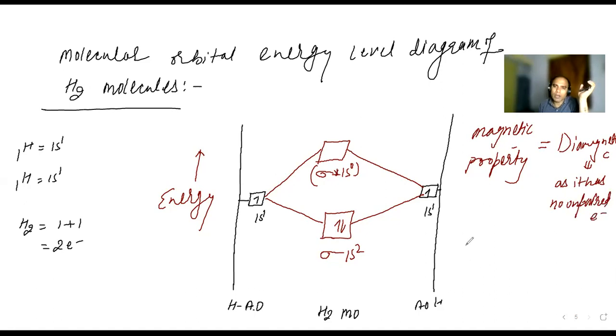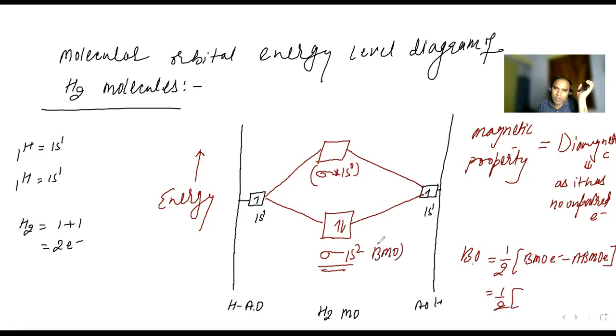Now bond order: how many bonds will be there in the H2 molecule? Here they are saying 1 by 2 into BMO electrons minus ABMO electrons. Now see, what is BMO? This is the bonding molecular orbital.